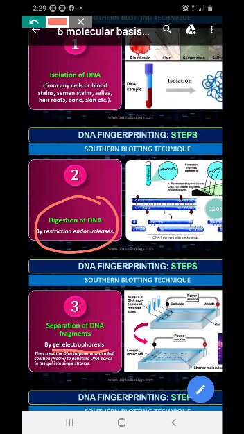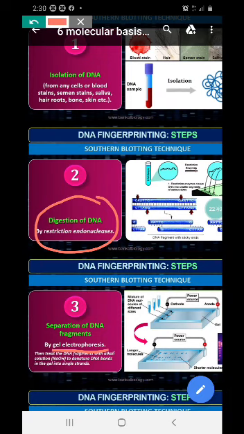First is isolation of DNA. Second step is to cut the DNA into small fragments by restriction endonucleases. And the third step is that they are subjected to gel electrophoresis, by which we can see that the fragments have been made, and which is allowed to flow through a medium, agar gel.